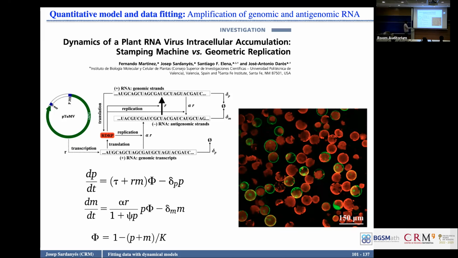And finally, after some discussions with the referee and with the editor of the paper, who was in a conference today with us, they were complaining, and they were right, that we didn't take it into account at the beginning, that when you have in the same cell production of positive and negative, there may be some inhibition.